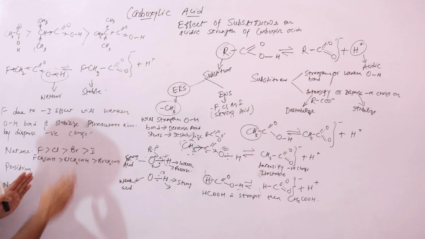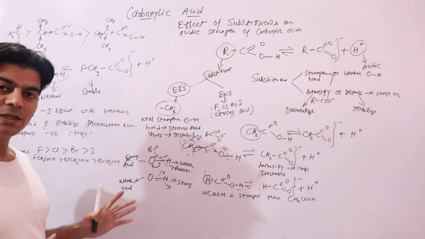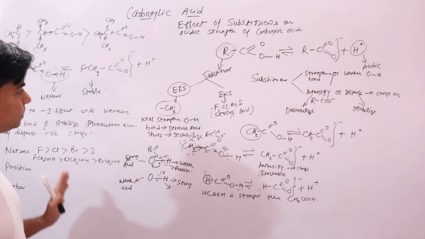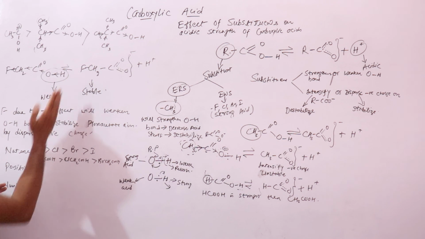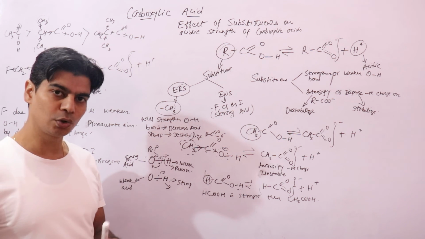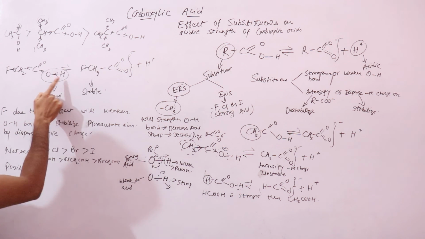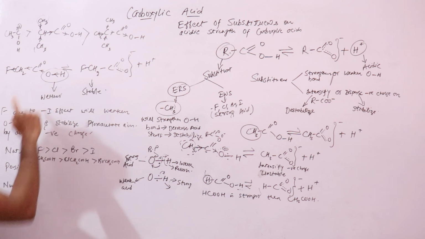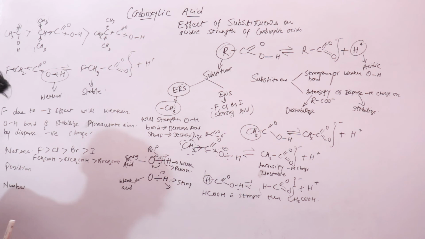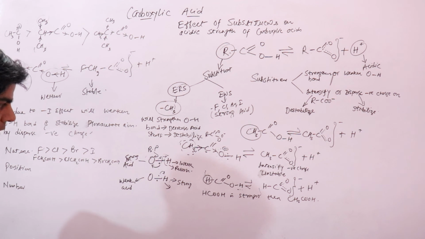Similarly, fluoroacetate ion would be stabilized more compared to chloroacetate ion. And when this fluorine attracts the electron density more towards itself, it will weaken this OH bond more compared to chloroacetic acid, right?